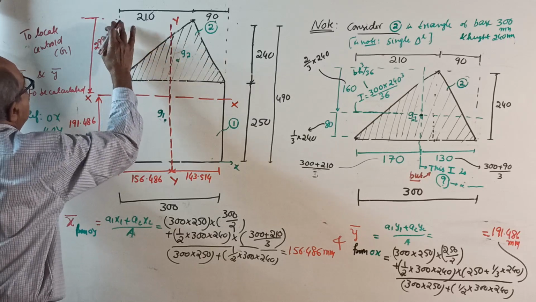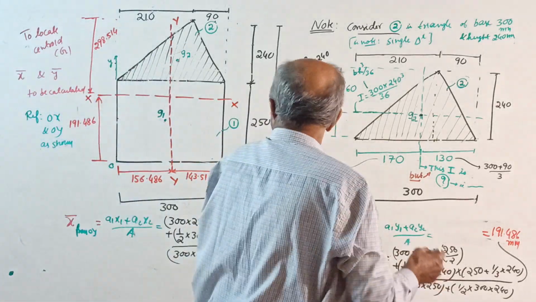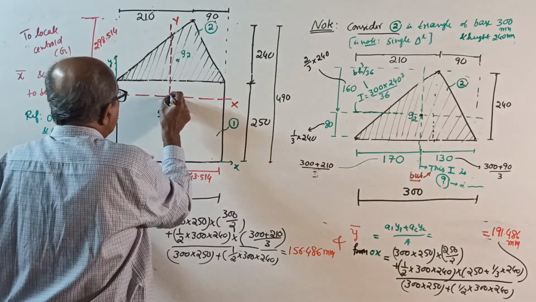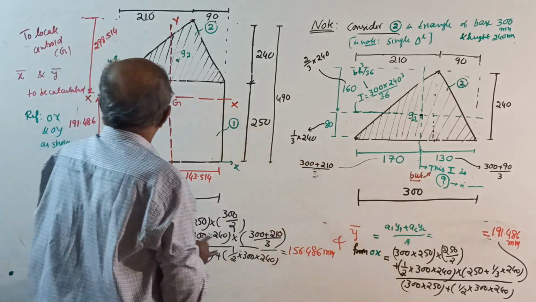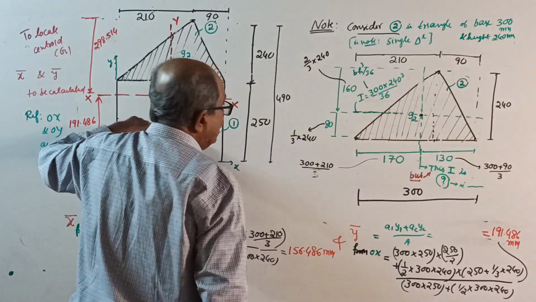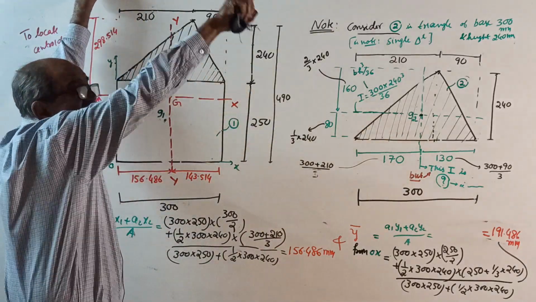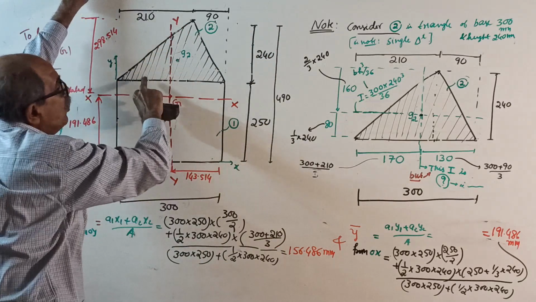Okay, now this is the centroid marking. This is centroid G for the entire lamina or entire figure. Now remember, this is the centroid for the rectangle. This is the centroid for the entire triangle, the entire triangle, not two parts.